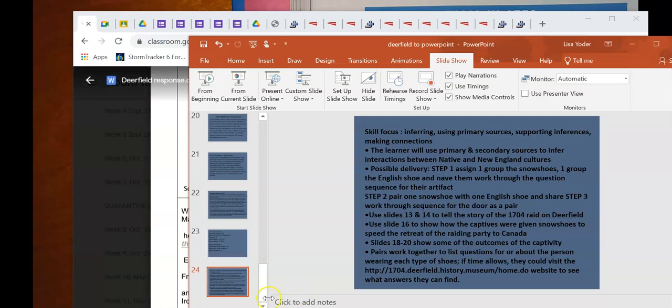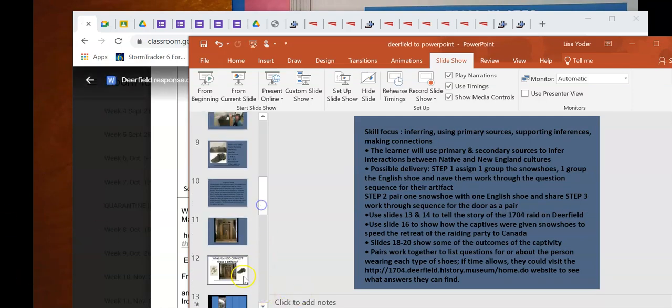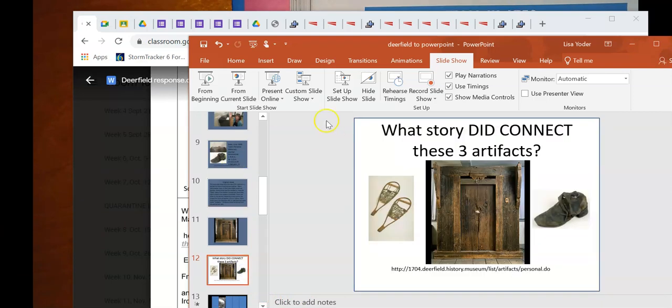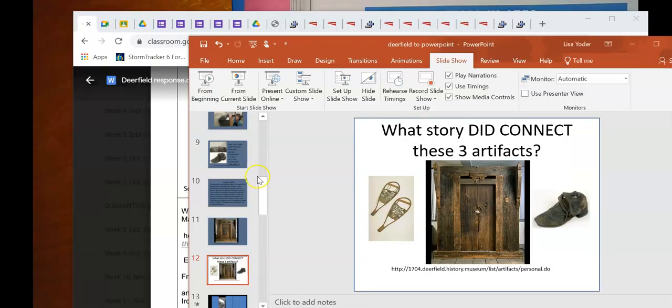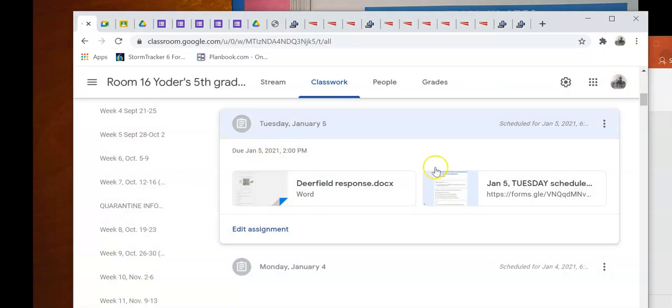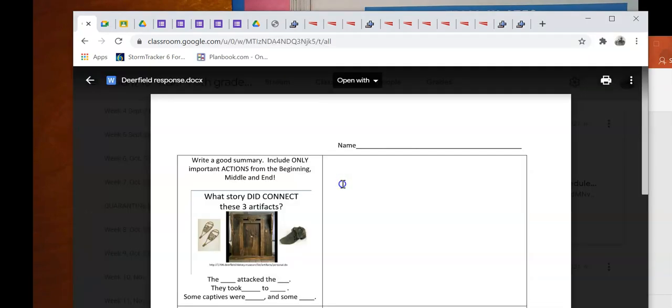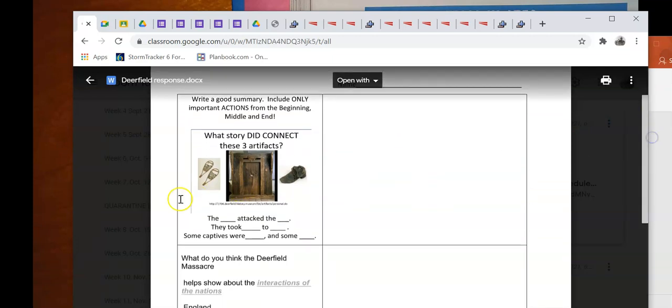So if I go back to the very middle and have you look again, what is the story that connects these 3 artifacts? If you need to, in order to do this assignment, rewind this video. Who attacked who?